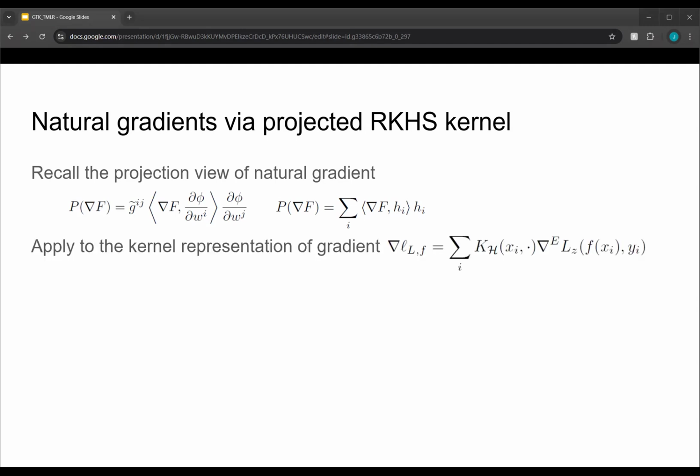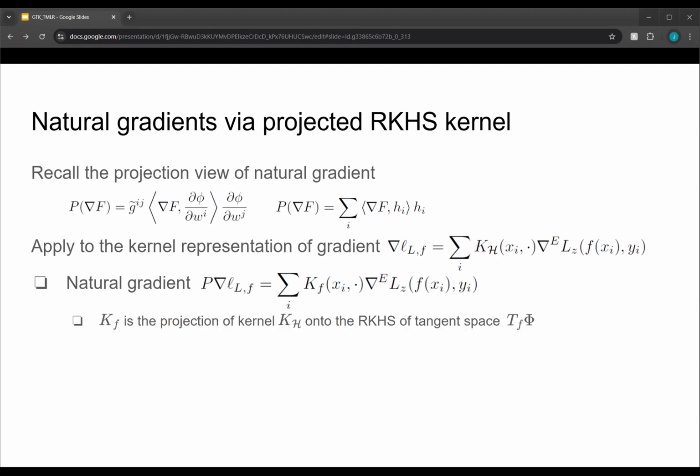We then apply this projection to the kernel representation of the functional gradient we just obtained. We end up with this kernel formula of natural gradient, where K_f is the projection of kernel K_H onto the tangent space of embedding phi, which itself is also in RKHS.